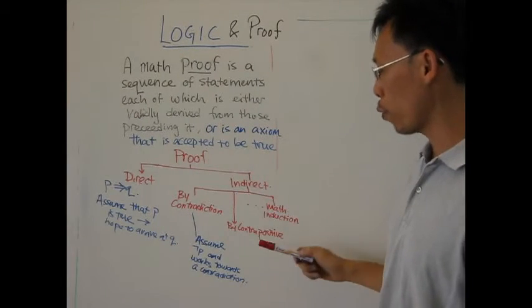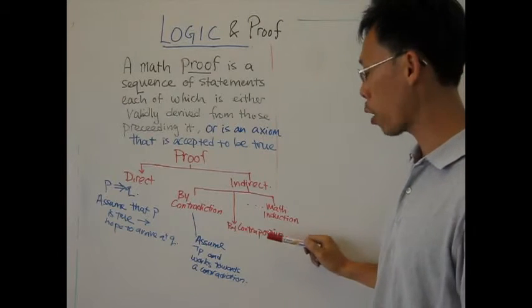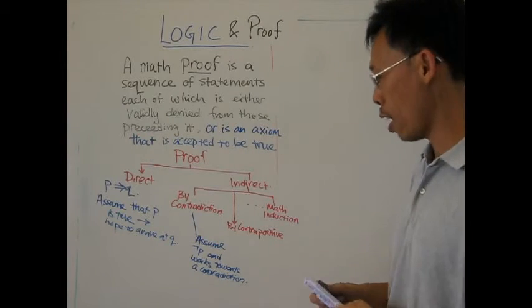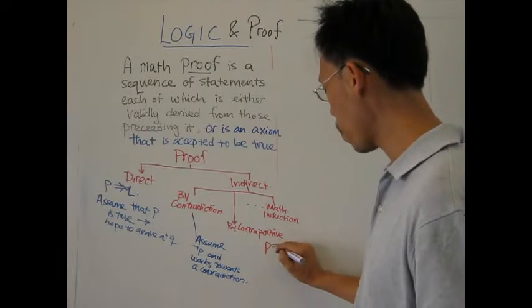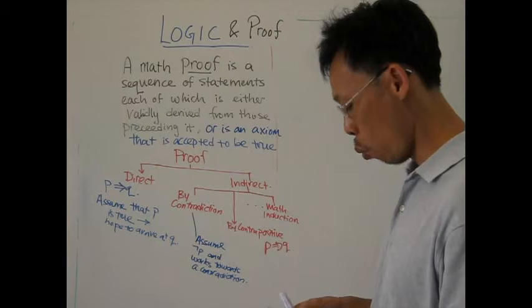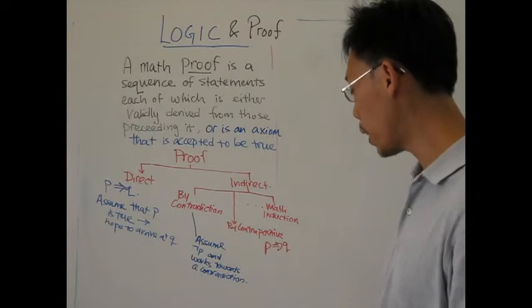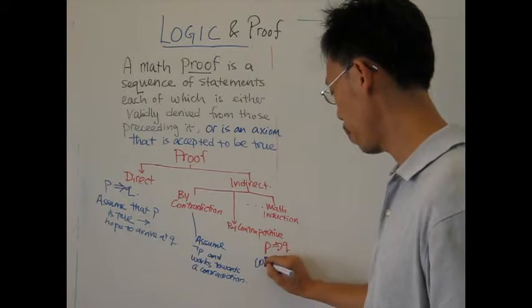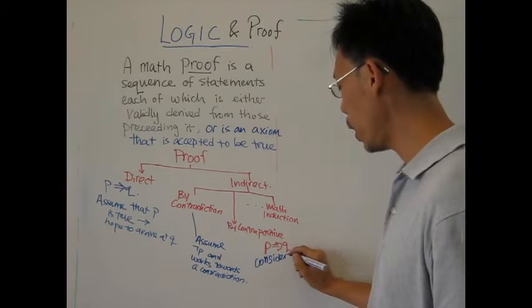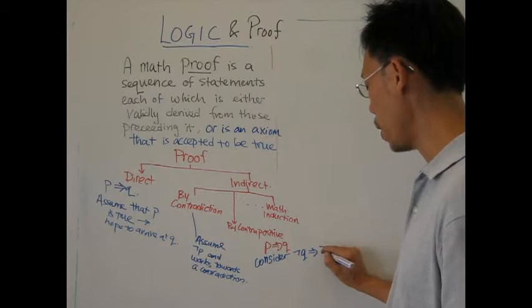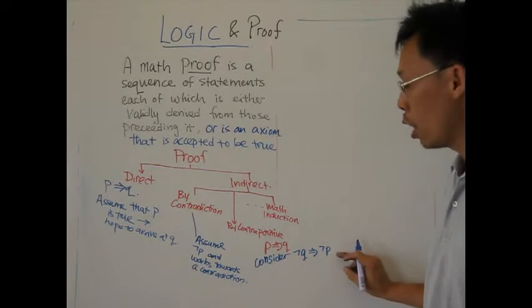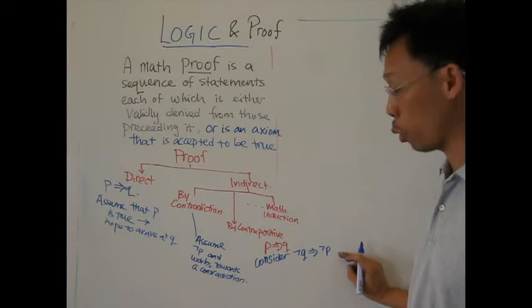The other indirect proof is by contrapositive. That is, in order to prove P implies Q, what we do is we will consider not Q implies not P. That is, you will consider not Q implies not P. That is the contrapositive.